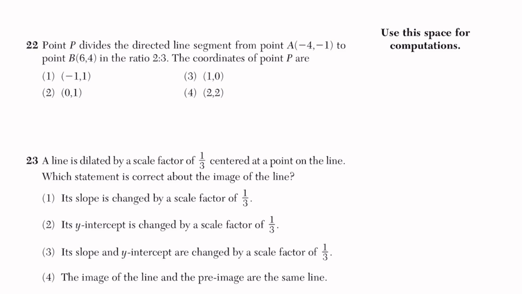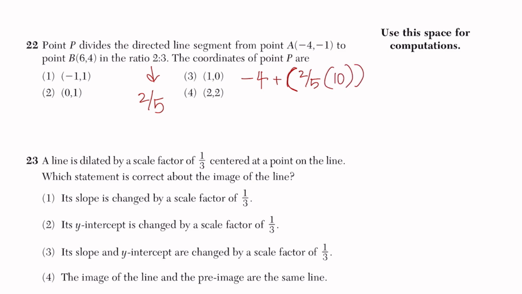Okay, a more straightforward way to do question 22 would be, since you know that point P is 2/5 of the way from point A to point B, you can just, still doing it by X and Y. By doing X first, you're starting from -4, right? And then you can add the distance, so 2/5, and we knew that the distance was 10.